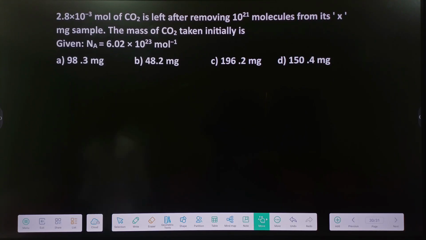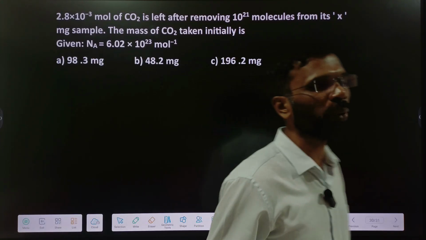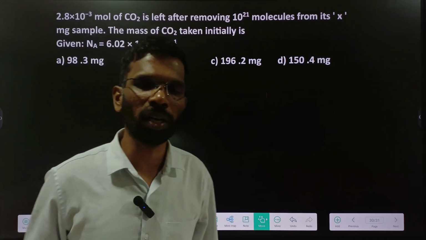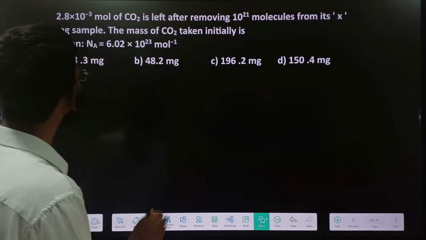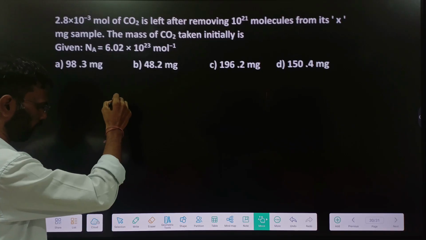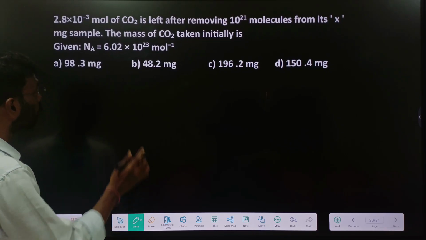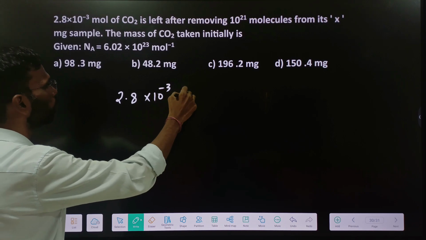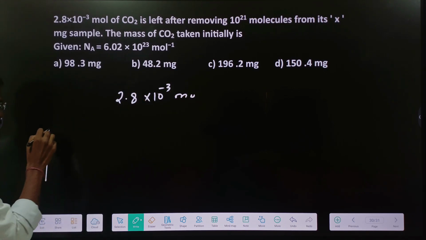So over here the question is 2.8 into 10 raised to minus 3 moles of carbon dioxide is left after removing 10 raised to 21 molecules. Okay, so we have to understand what is the total number of moles that were present. There is 2.8 into 10 raised to minus 3 mole left.